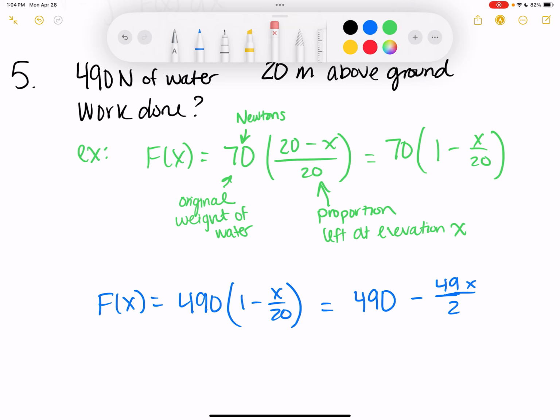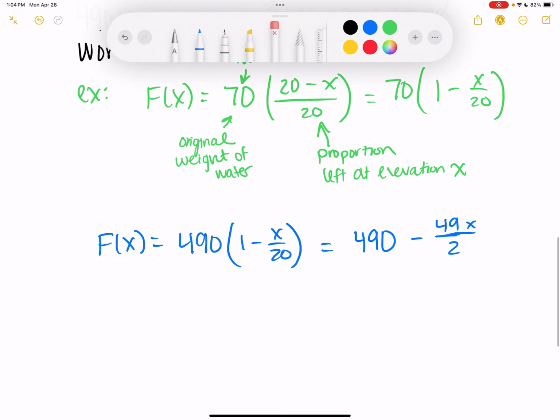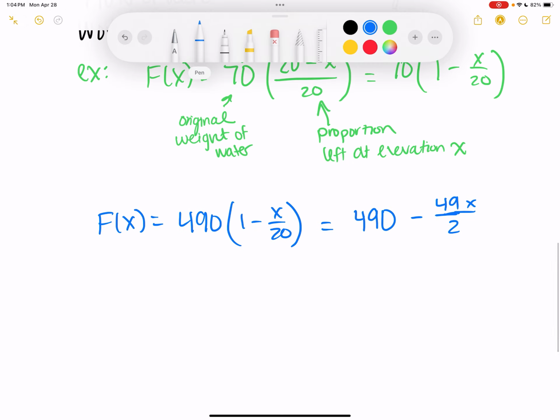So that's what I'm going to be integrating now, from 0 to 20. So I've got the integral from 0 to 20 of 490 minus 49x over 2. Or maybe I'll do 49 over 2 times x instead, just for the sake of seeing it.